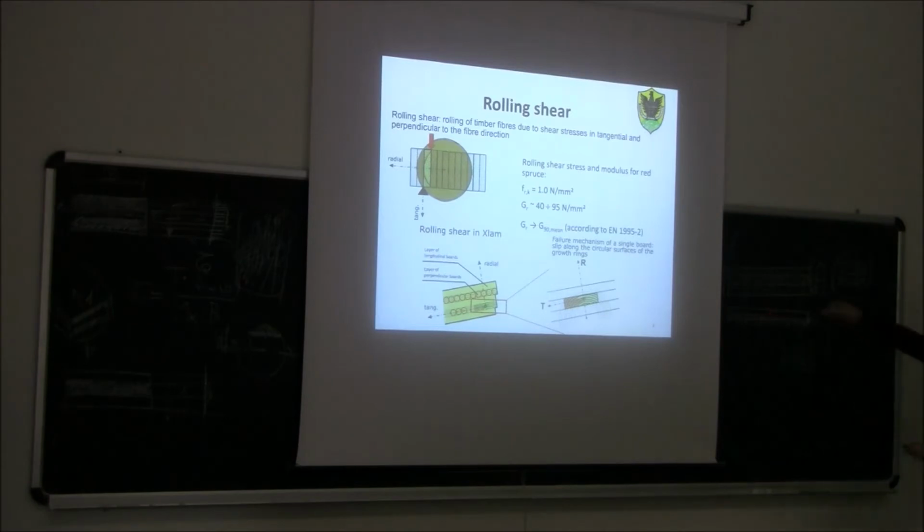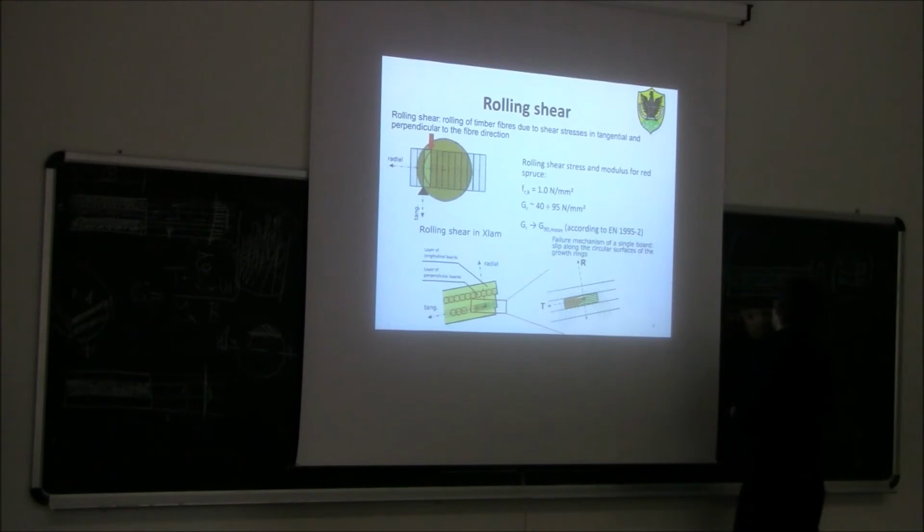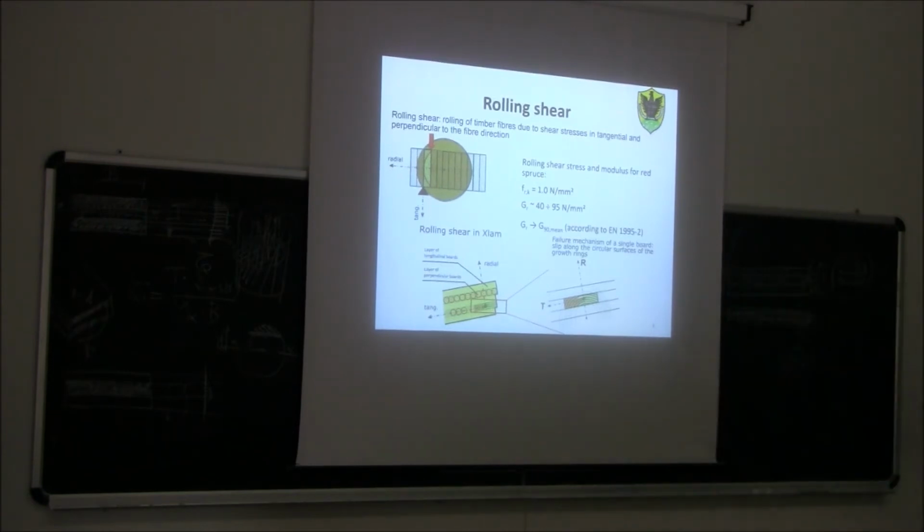Now for the outer layer, here the fibers are oriented this way. So in this case, we have again a shear plane that tends to break the middle lamella. However, this is not in the tangential direction, this is in the radial direction.